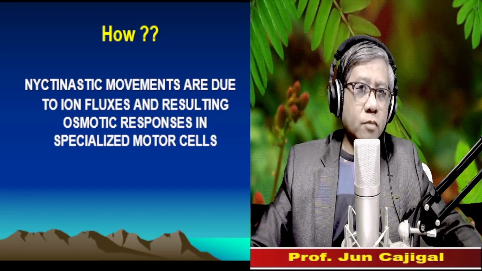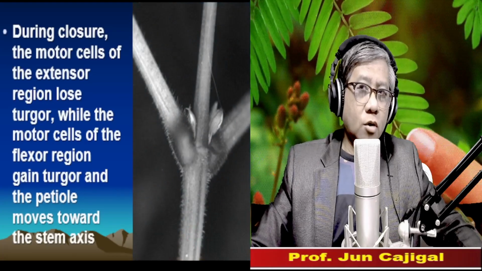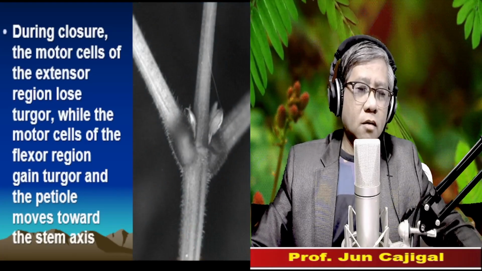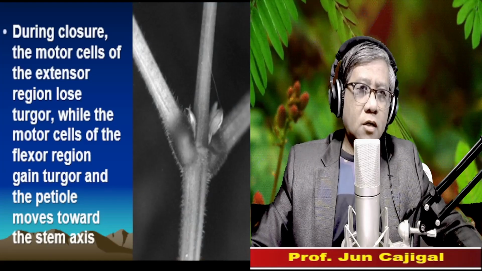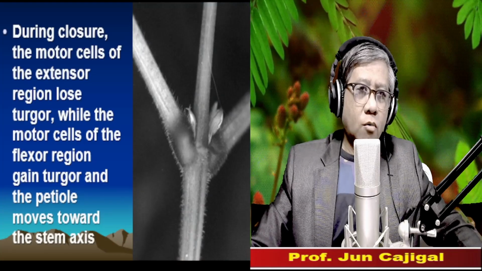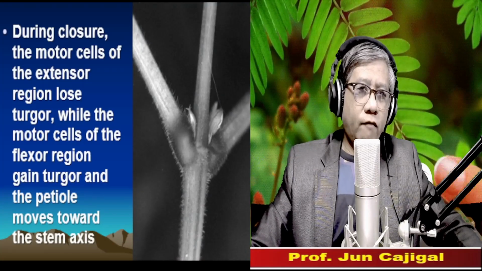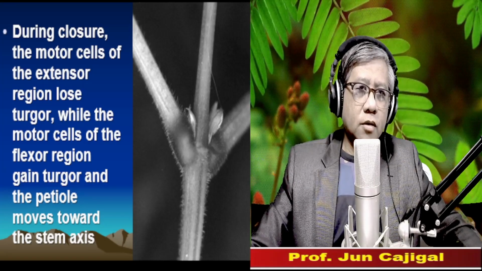Now let's go deeper into this explanation. During closure of the leaves of the prayer plant, the motor cells of the extensor region of the petiole lose turgor pressure, while the motor cells of the flexor region of the petiole gain turgor pressure.